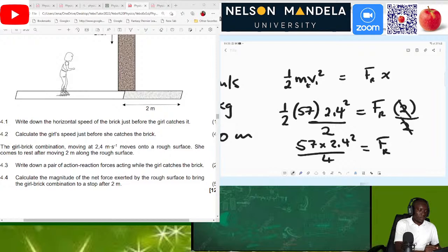So a will be equal to this over 2s. This is coming from the expression v2 squared equals v1 squared plus 2ax.